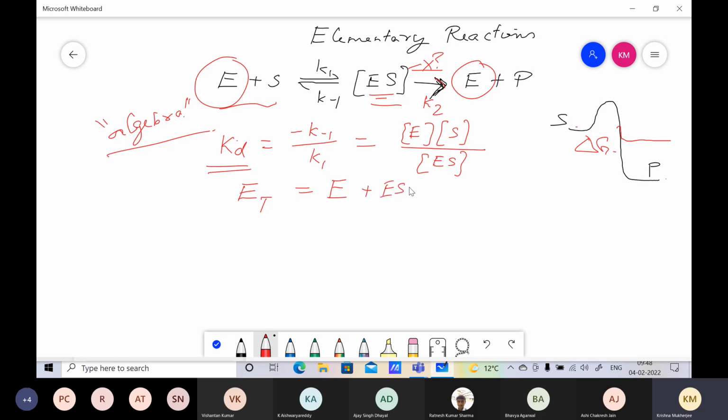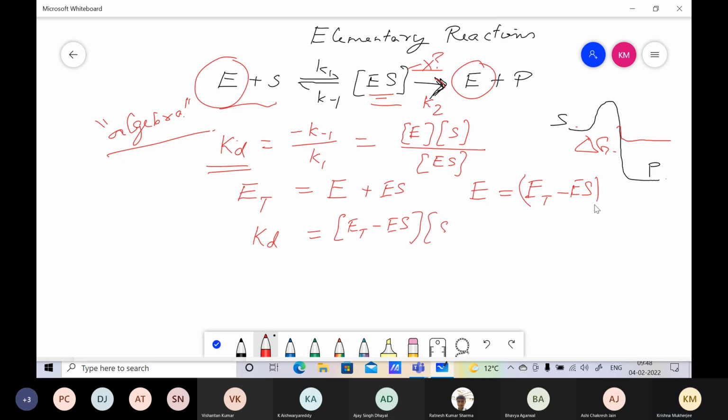The total enzyme that we have is E plus ES. And so E, the free enzyme, is simply equal to the total enzyme ET minus ES. Okay, so KD can be written as, for example, ET minus ES, I'm not putting brackets again, into S, E is this, right?